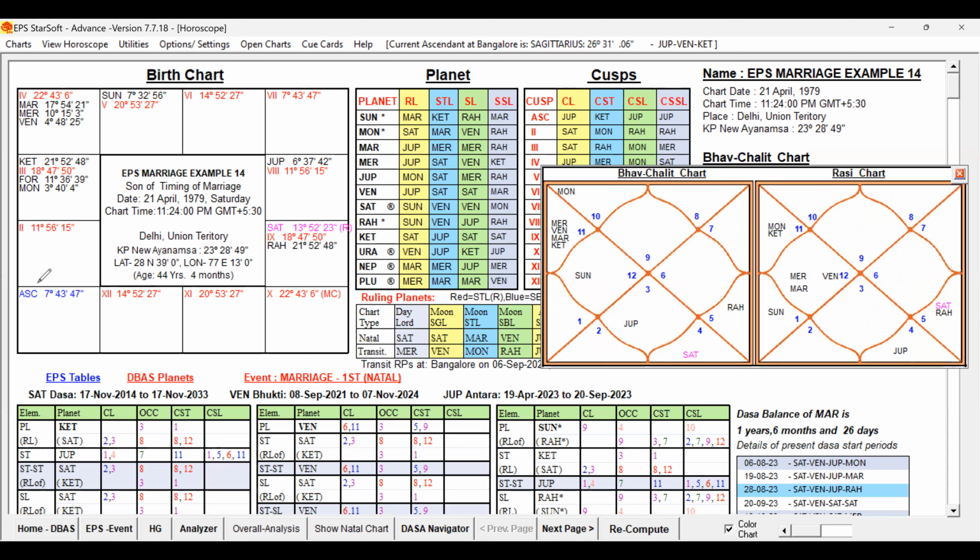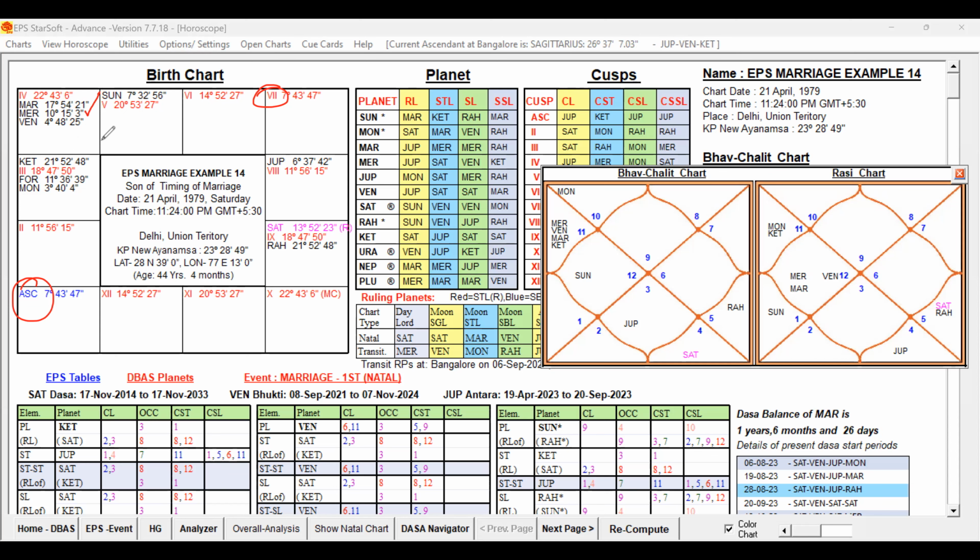Lagna is Sagittarius Lagna. The 7th cusp is falling in Gemini, and the 7th Lord Mercury is posted in Pisces in the 3rd house. The 7th Lord is posted in the 3rd house in the sign of Pisces.